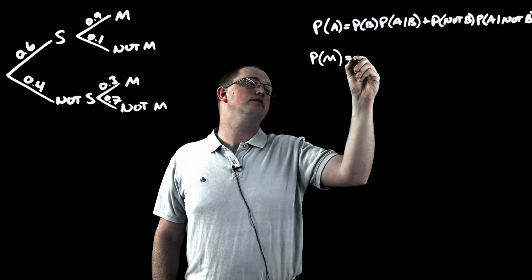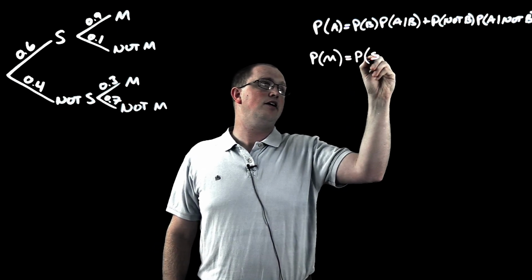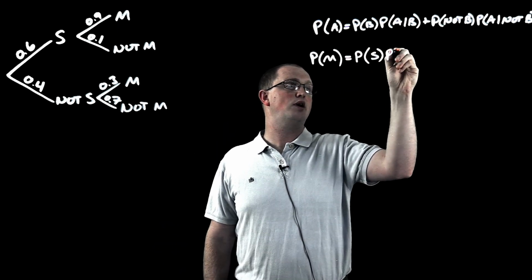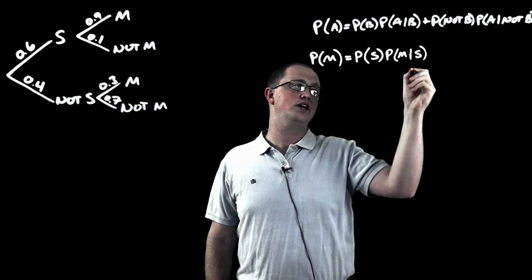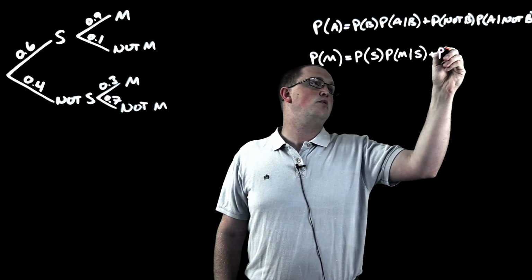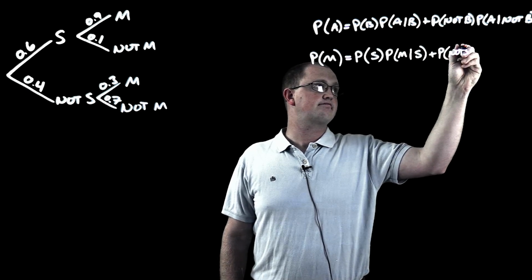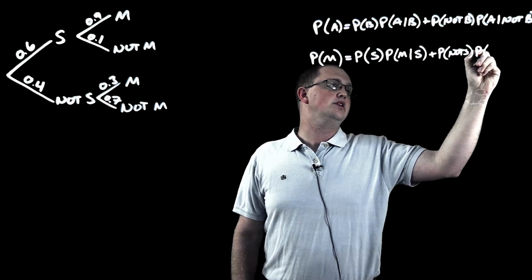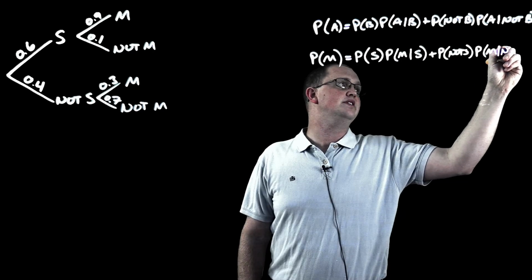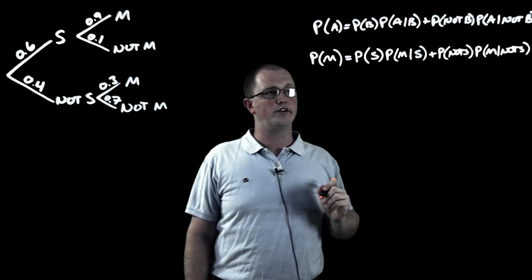And we said that that was the probability of us saving times the probability of going to MoMath given that we saved, plus the probability of us not saving, times the probability of us going to MoMath given that we did not save our $500.